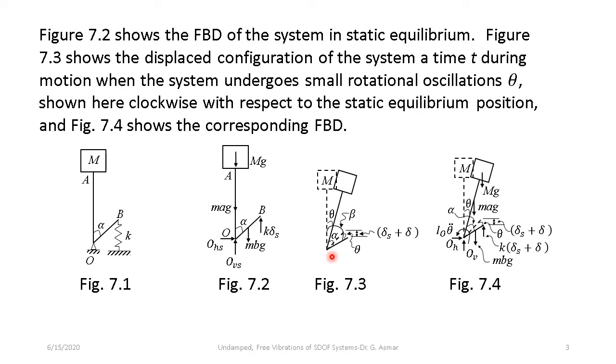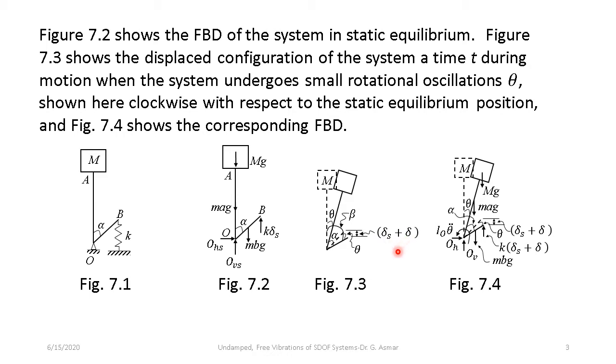So when the system starts oscillating, we take a snapshot of the system at any time t, and at that moment the system is frozen in time at a clockwise angle theta here, and the spring further deflects an amount delta S plus delta, delta static plus some delta, which is the deflection at any time t.